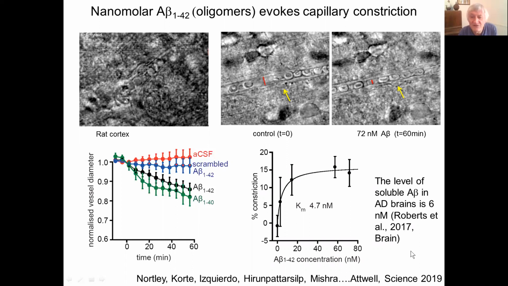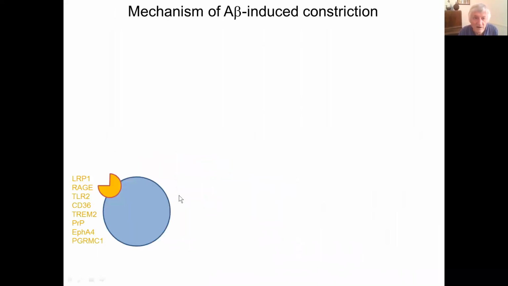Of course, this is a stupid experiment, because here we're trying to mimic a disease which takes decades to happen with applying amyloid beta for an hour to a brain slice, but I'll come back to that later and show you that it is relevant anyway. So how does it work? Well, there's a whole slew of proteins which have been suggested as receptors for amyloid beta.